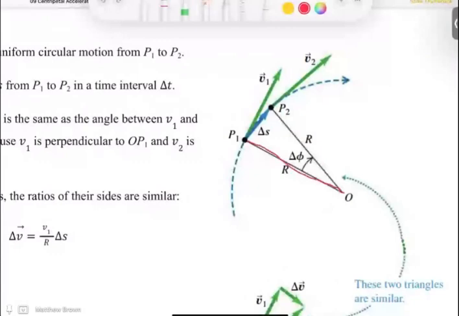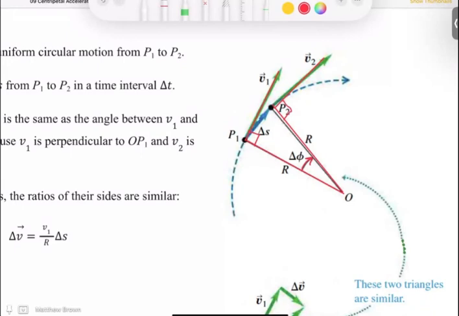and then from O to P2, you've gone this angle here, phi. But if you look at OP1 and V1, you'll know that V1 is perpendicular, because the velocity is always perpendicular to the radius. And the same thing is true if we go from the point O to P2, V2 is perpendicular to that.